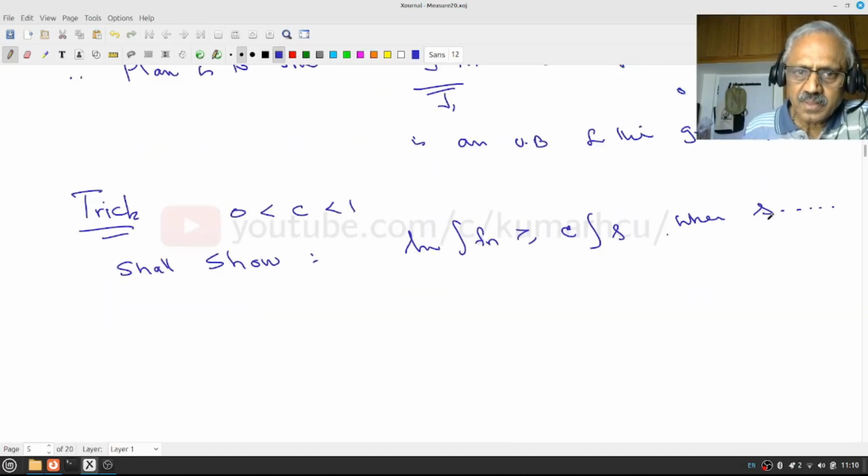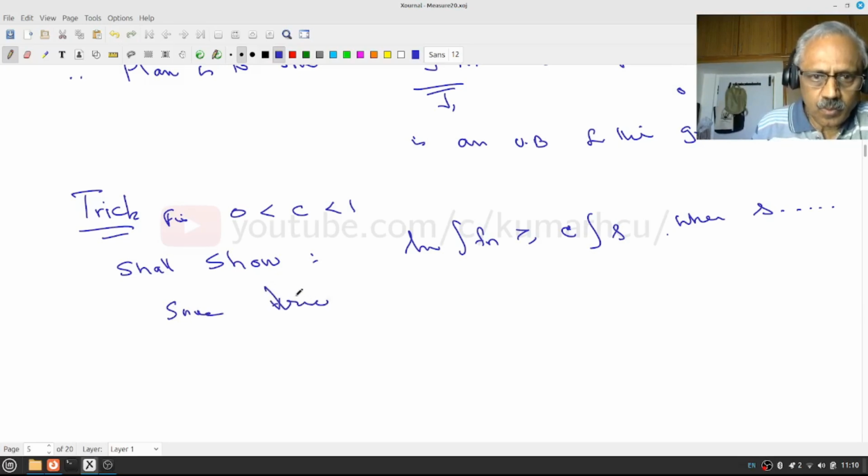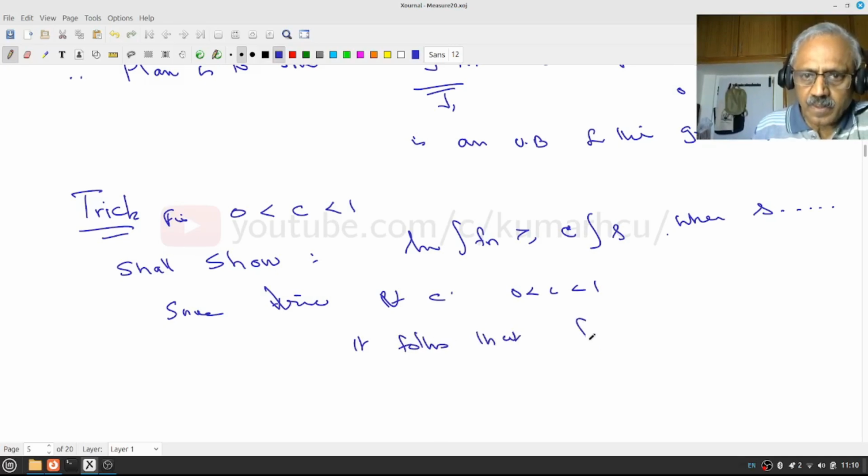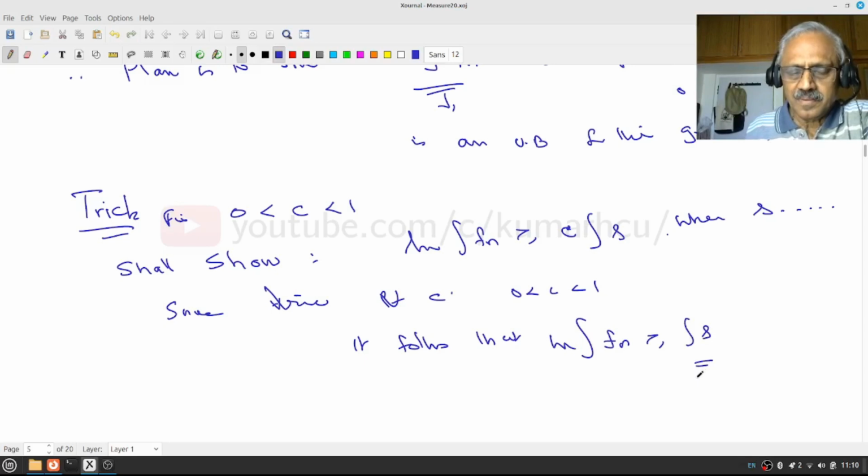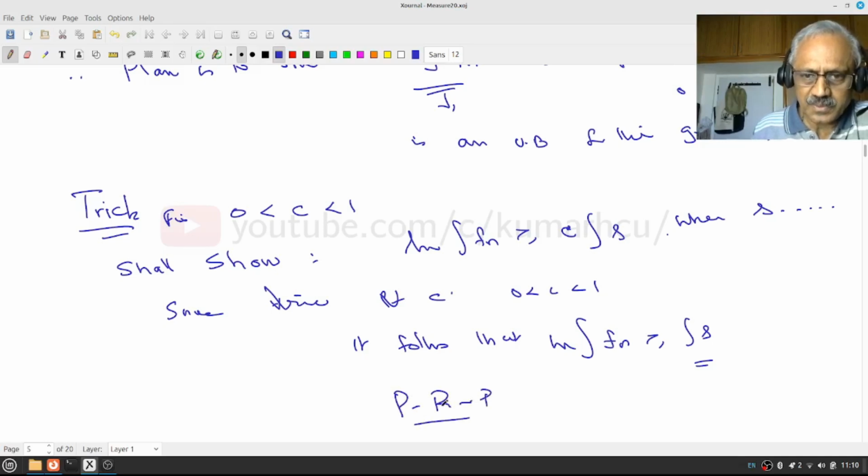Since this is true for all c, 0 less than c less than 1, it follows that limit integral f n is greater than or equal to integral f. Is that clear? So pause, review, proceed.